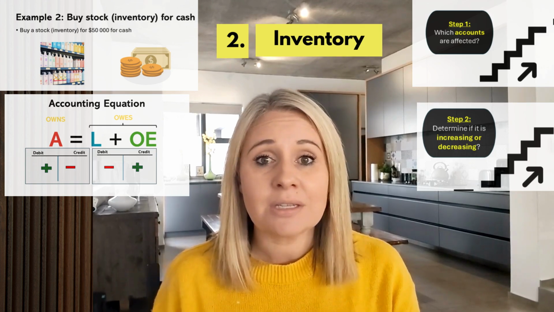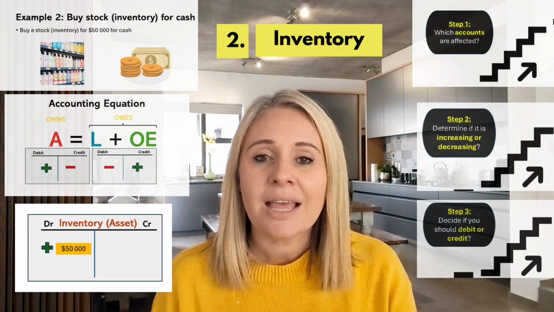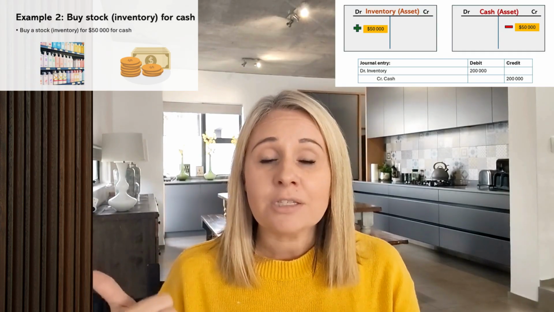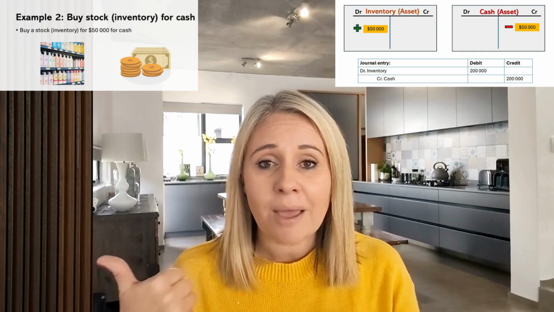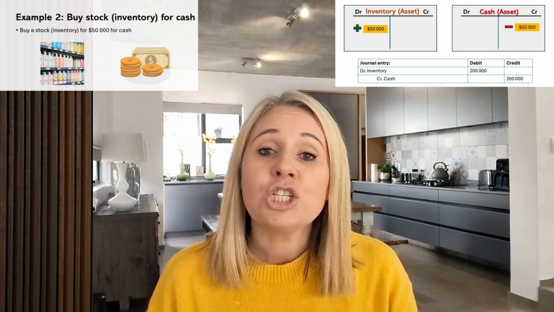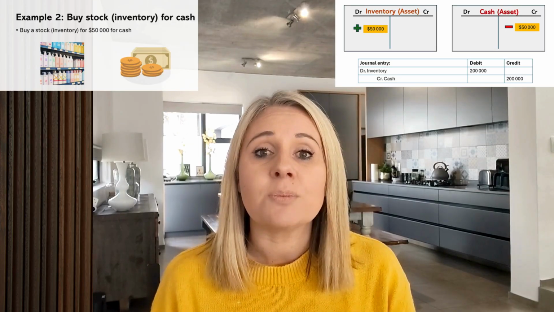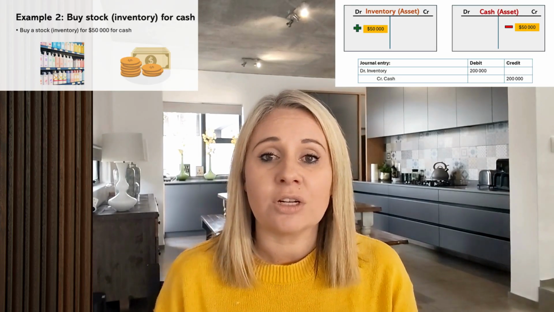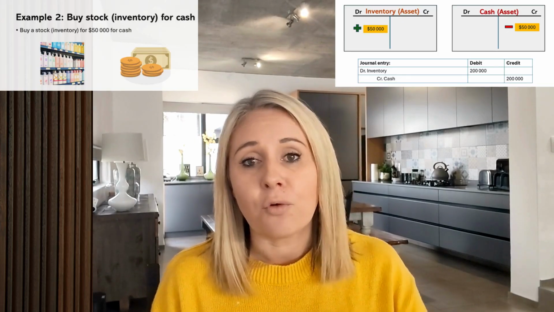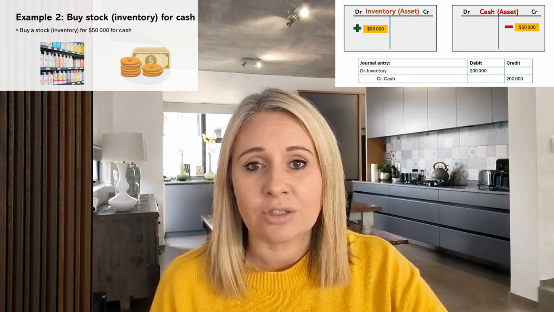So we will debit the inventory with $50,000. And there again, we have our entire entry. A debit of $50,000 to the inventory account, and our bank balance should be credited with $50,000 because we have paid $50,000 out of our bank account, decreasing the bank account, and therefore crediting the bank account with $50,000.